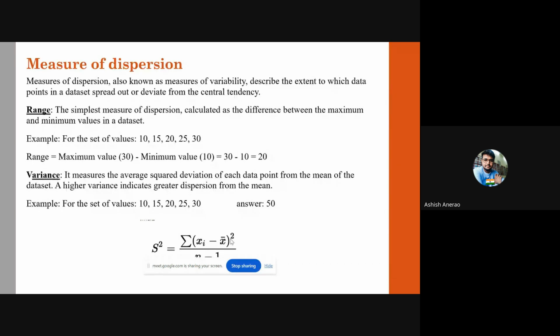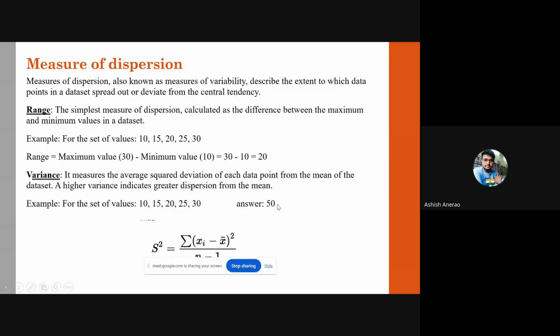Whenever we want to calculate the sample variance, we divide by n minus 1, and whenever we want to calculate the population variance, we divide by the total number of observations, that is n. This is the difference between sample variance and population variance. Here I mentioned sample variance, so I take n minus 1.